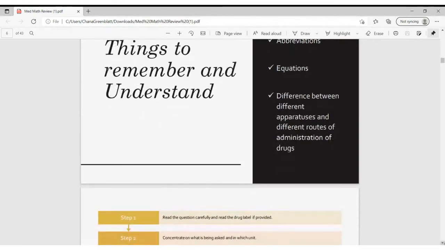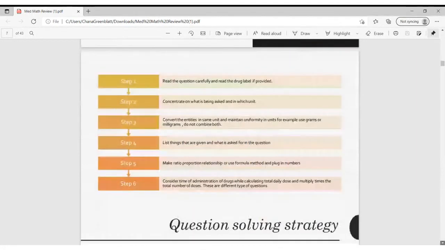Some of the questions will be application based. So they'll ask you, what's the difference between IM versus intradermal? So you might have to recognize the abbreviation of the routes, PO, before administering. So there are different steps in order to tackle the question. You'll have some professors who will just put the question out as the words, and then some of them will be like, here's a label and here's words.